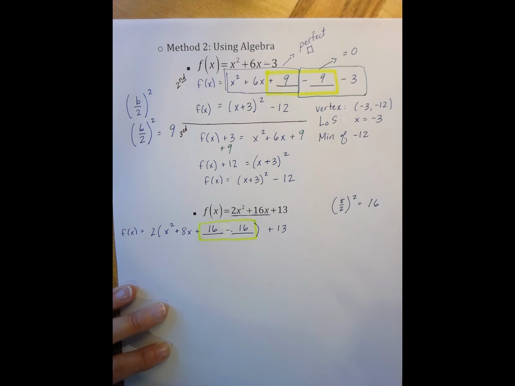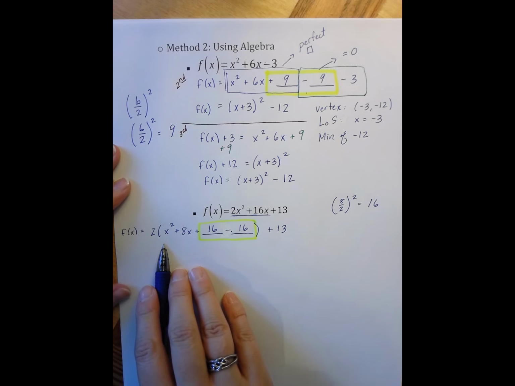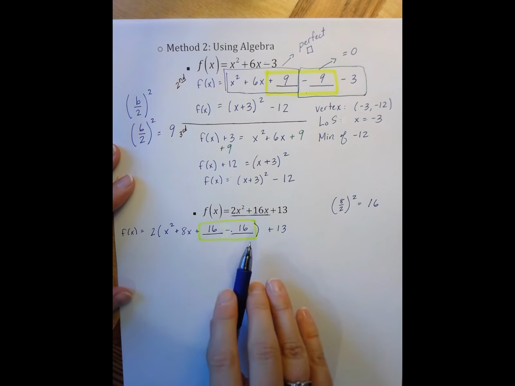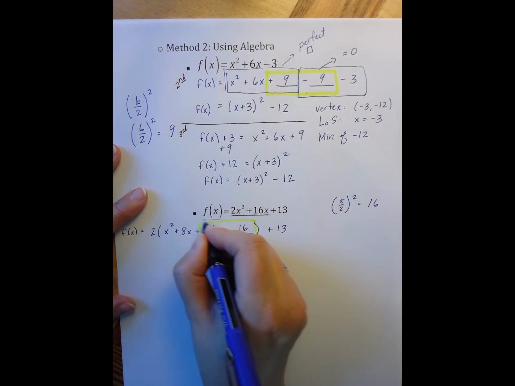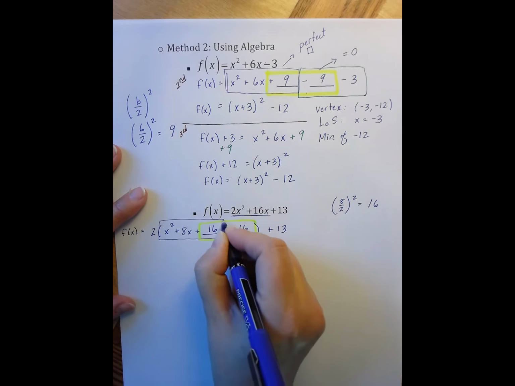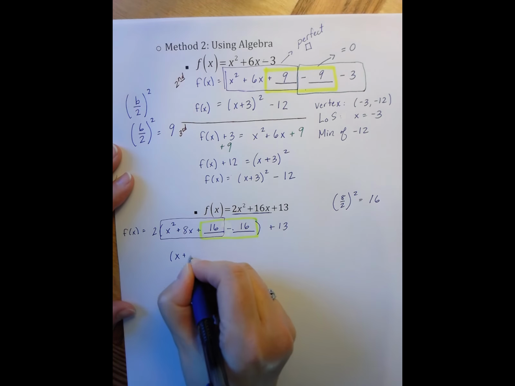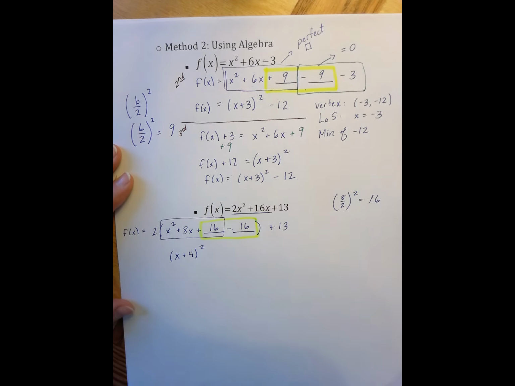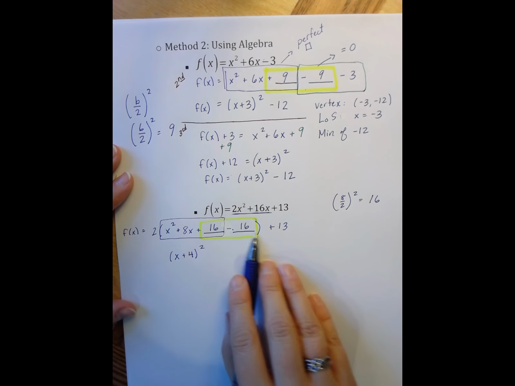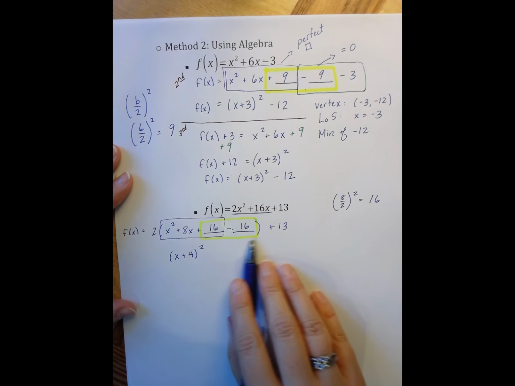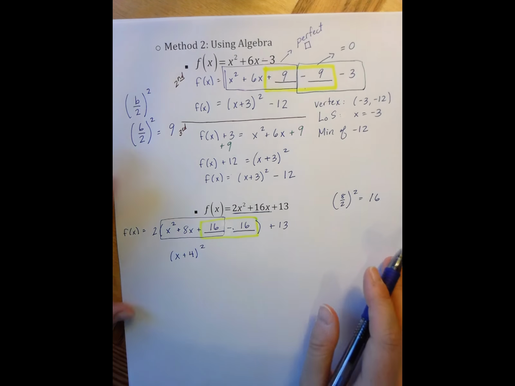I now am going to have to kind of do 2 steps at once here. So you'll remember from above, I actually only want this portion when I'm completing my square. So really I want just the x plus 4 squared. So I need to figure out what to do with this minus 16. I still have it in the parentheses, but I don't want it in the parentheses. I actually want it outside of the parentheses.